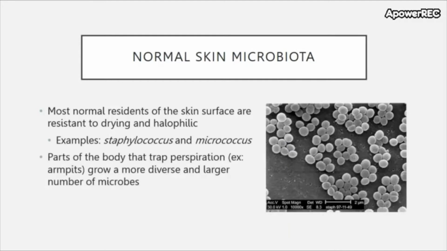You will find that parts of the body that trap perspiration, for example the armpits, allow a much wider array of microbes to grow, and therefore they tend to be more diverse in the number of microbes. And you will also find that certain microbes grow only on certain parts of the body. For example, hair follicles, where Cutibacterium grows.